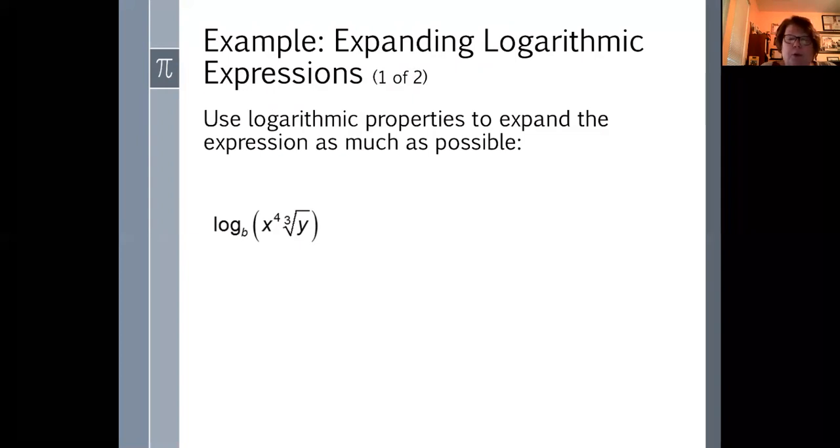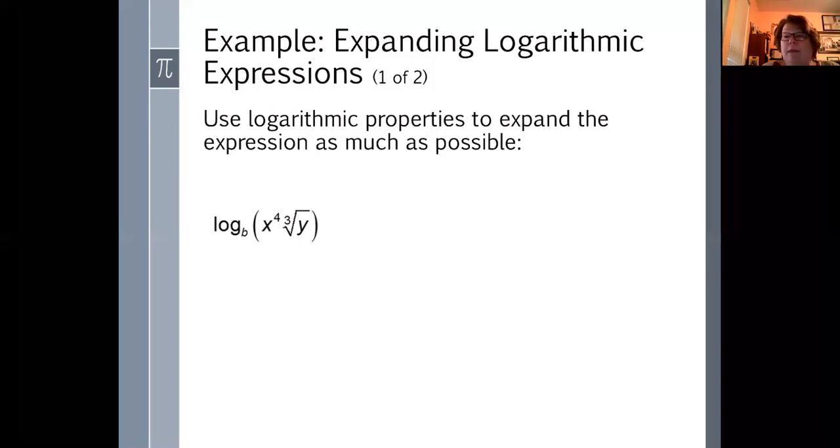So the first one we're going to look at is the log base b of x to the 4th times the cube root of y. When using these 3 logarithmic properties to expand a logarithmic expression, you should use either the product rule or the quotient rule first if they apply.